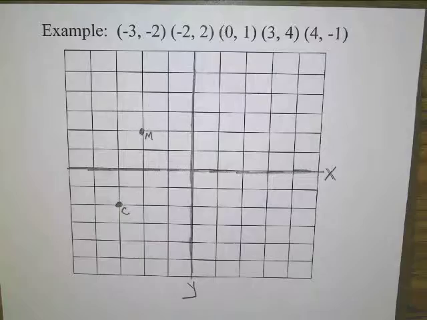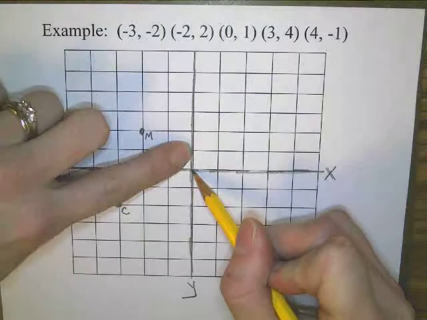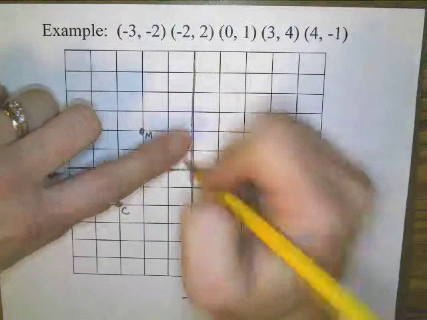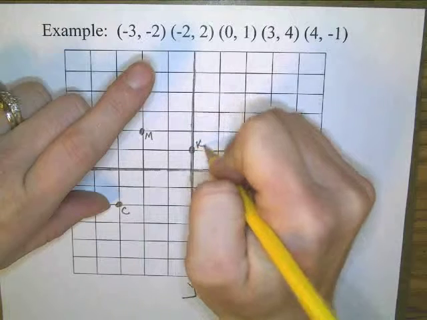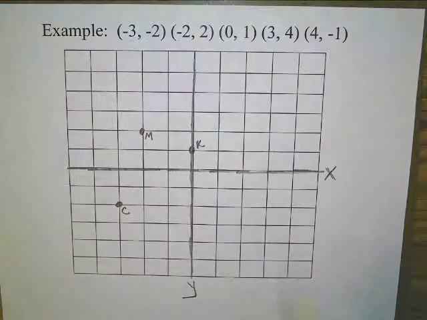Is that correct, everyone? Who agrees? Perfect. Because we have 0 and we have 1. So if we draw them together, this is where they connect. K for Kayla.